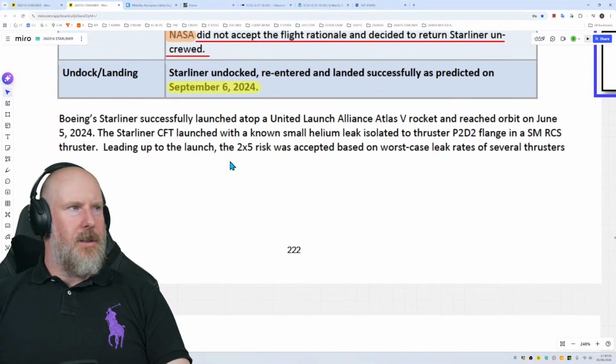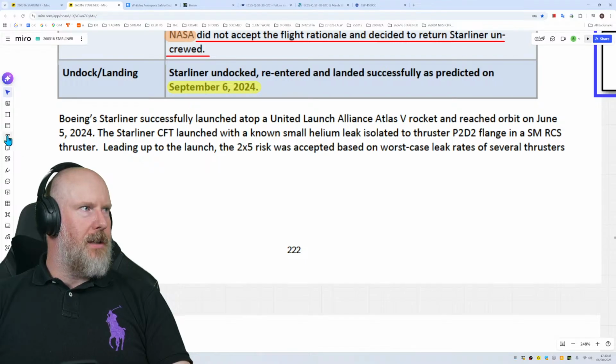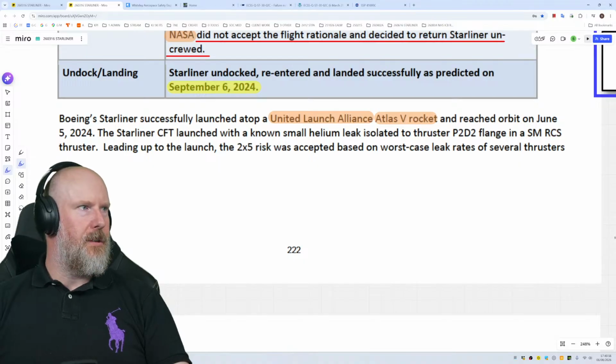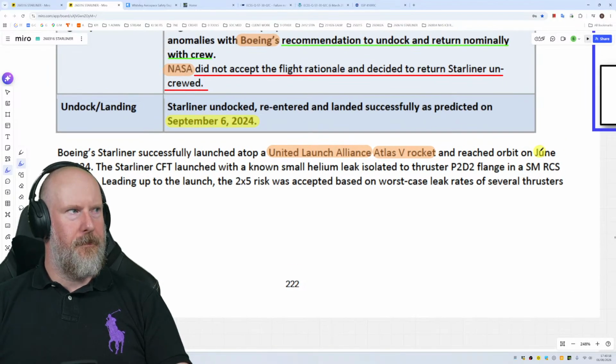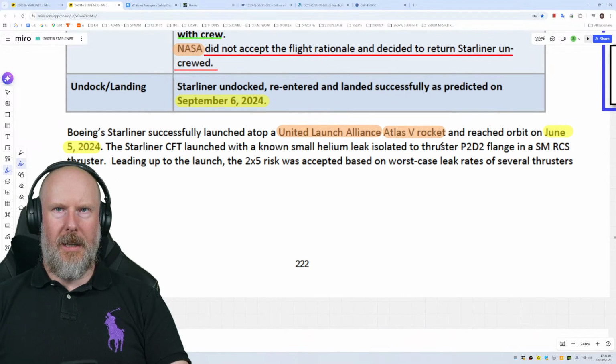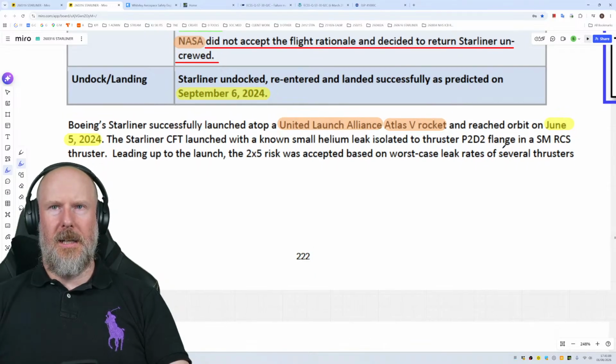Right, Boeing Starliner successfully launched atop a United Launch Alliance, ULA, Atlas V rocket. Wow, how cool is that? And reached orbit on June the 5th, 2024. The Starliner crew flight test launched with a known small helium leak isolated to thruster P2D2 flange in a service module reaction control system thruster.